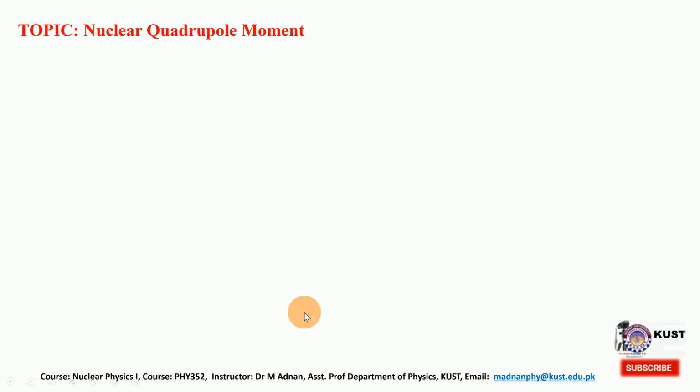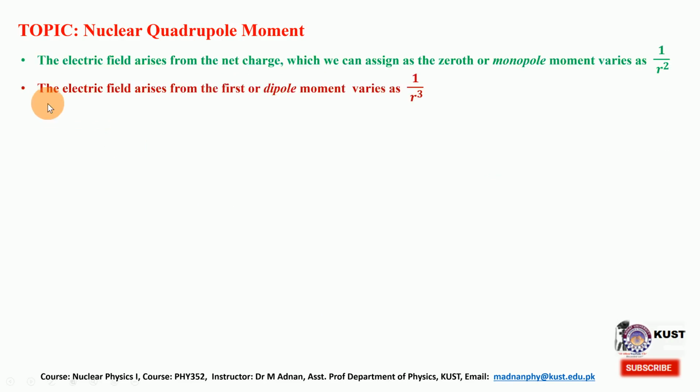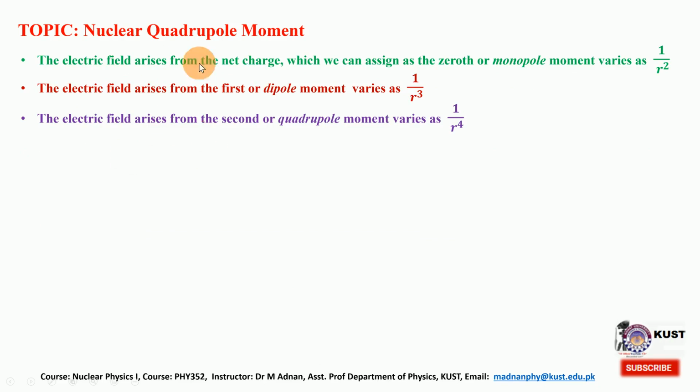If you remember last time, we discussed these things, and we'll discuss this once more as we talk about the quadrupole moments. The electric field arises from a net charge, which we can assign the zeroth or the monopole moment. If you remember, a spherical charge distribution possesses an electric field which varies as 1 over r square.